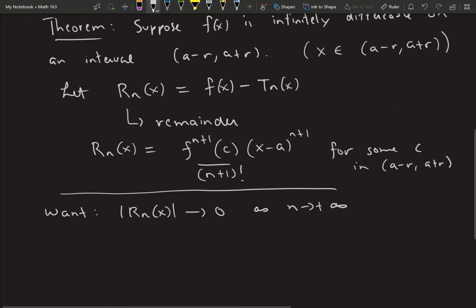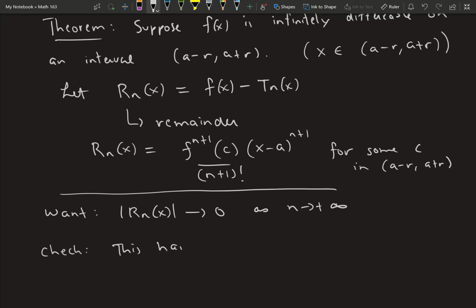Okay. Well, let's check that that actually happens for our example, so we're going to check using this theorem that this happens for the Taylor series of f, where f of x is equal to e to the x.